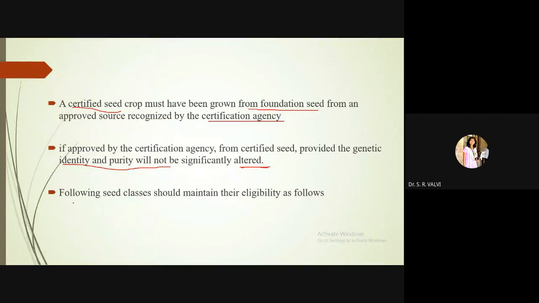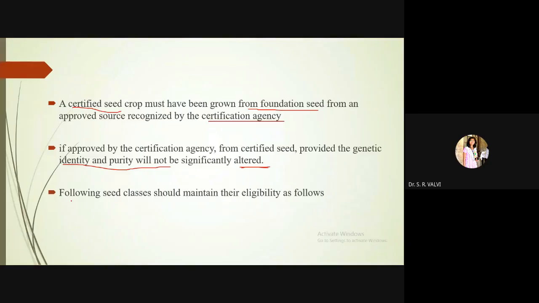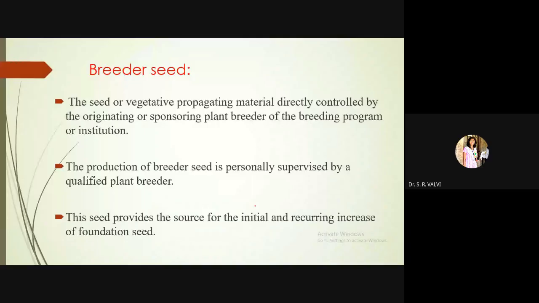So that is again a very important point. Next, the following seed classes should maintain their eligibility as follows. As per the classes of seed, you have to look at their eligibility criteria. Now see the first type, breeder seed. As I mentioned, you have to remember the classes of seeds, so that you know which seed comes from which seed, right?